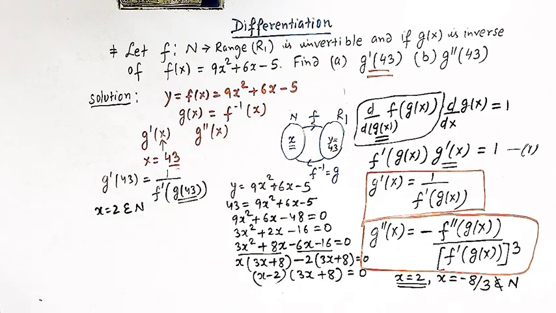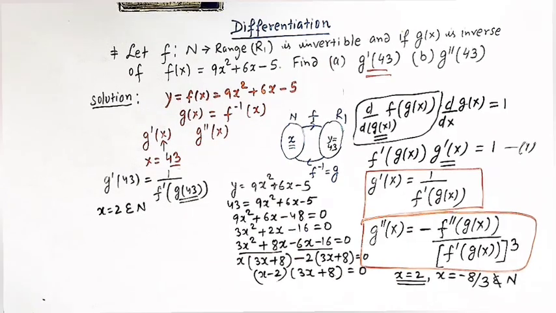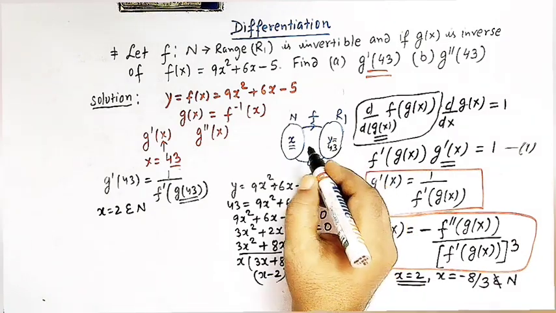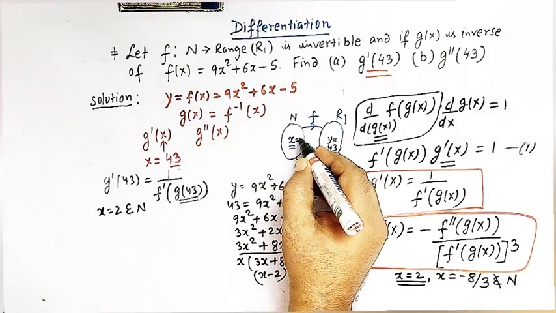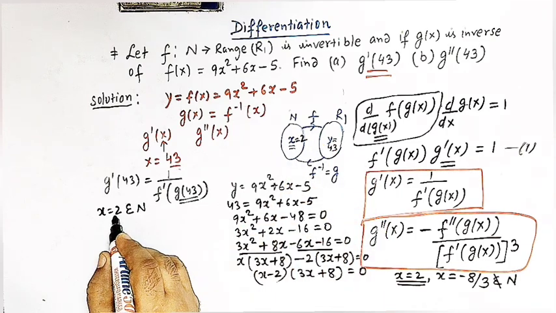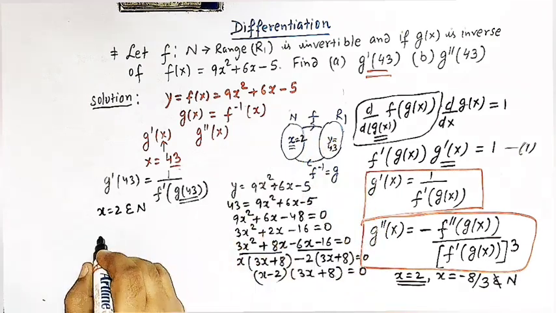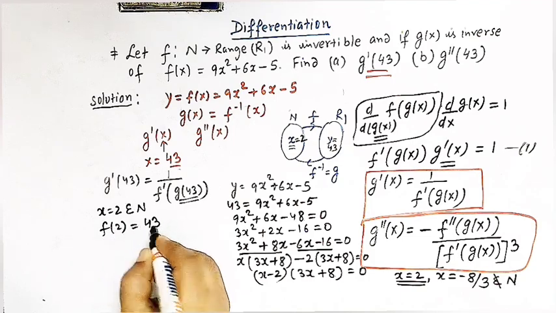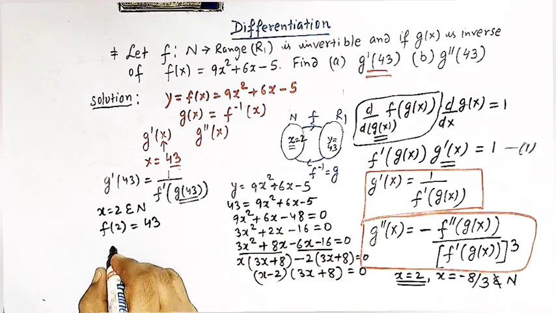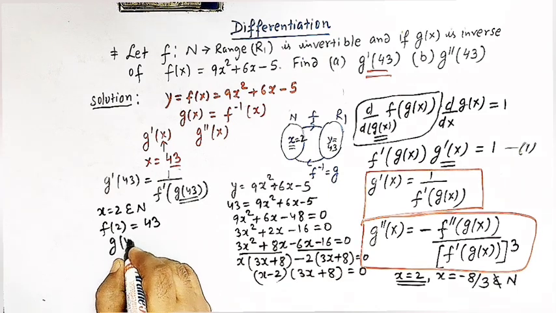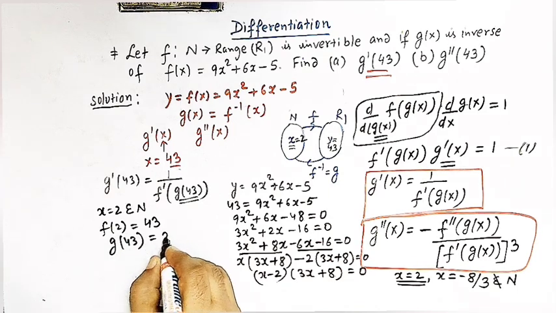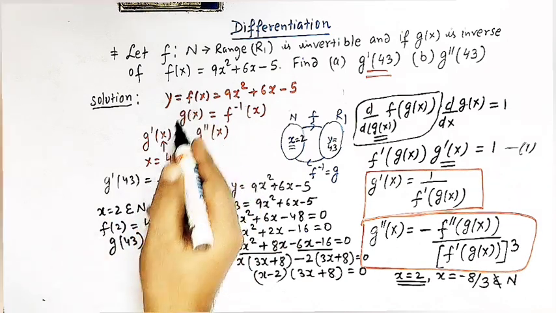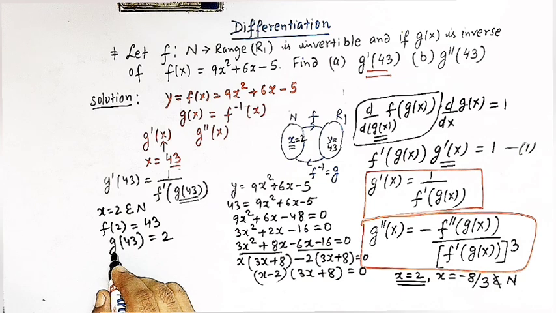So now we see that for y = 43, we have got x = 2, right? So it implies that f(2) = 43, or in other words, g(43) = 2, because the inverse of f is given by g.